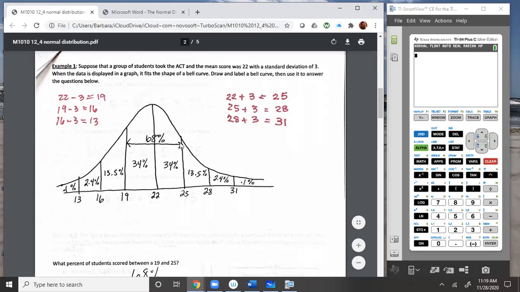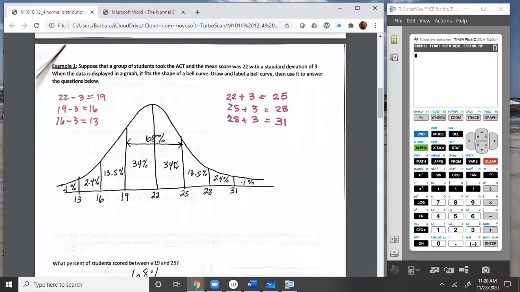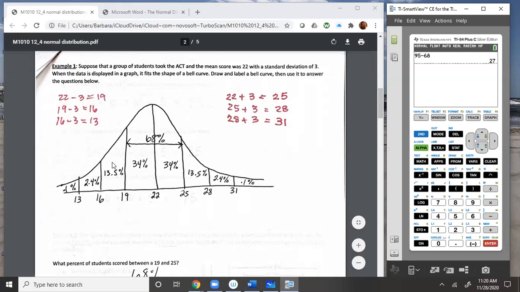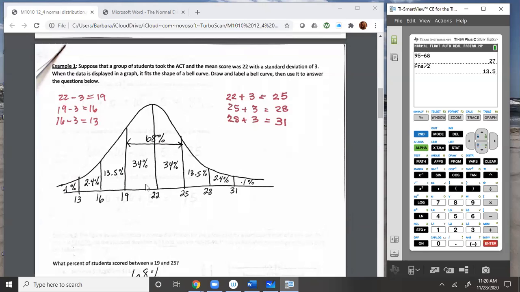So 68% of the data is here within 1 standard deviation from the mean. And then we have 95% of the data here, okay? So if you take 95 and subtract 68, that's what you have left to put in these 2 regions. So if you divide that by 2, you put 13.5 in each of these regions, okay?